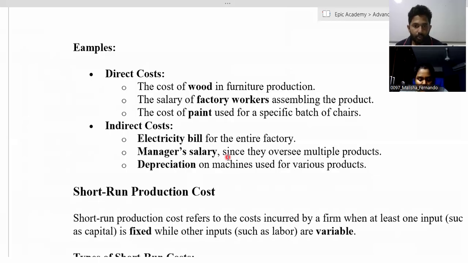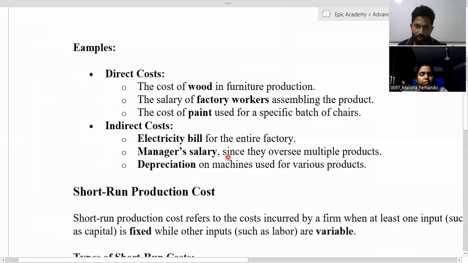A machine used for various production. Yes, if you are using this machinery for wood production, you can use it for other production, I mean table production and bed production, producing wooden beds or something like that. But if you are going to use that machinery to produce only chairs, there must be alternatives.